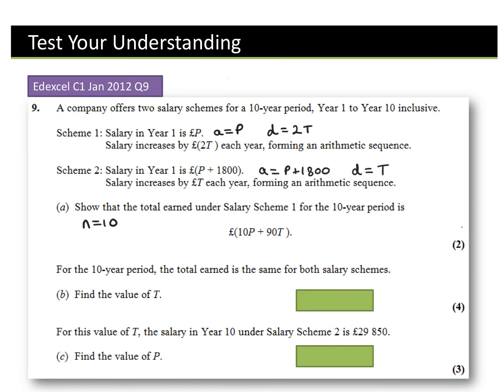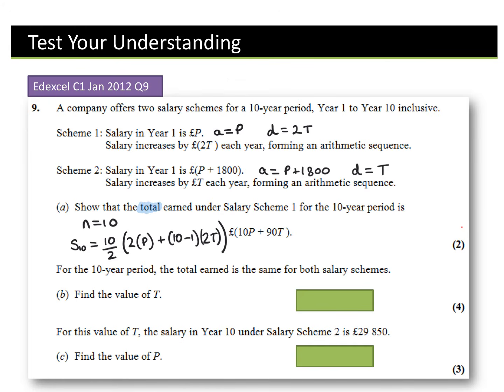Now, a key point to note here, if it says the total, we are looking for the sum. So we know that S10 equals n over 2 multiplied by 2 lots of A plus n minus 1 lots of D. Now again, you do not need to remember this formula. This formula gets given to you.